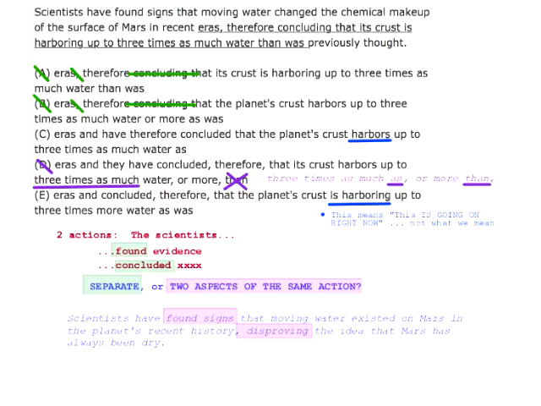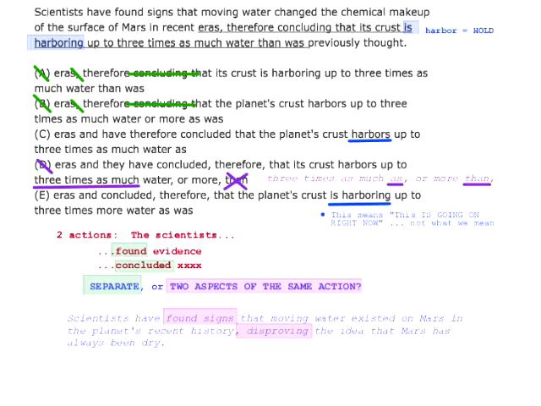What does harbor mean? Yeah, it's like it has a capacity of that much, or like it holds, right? You could say it holds, right? So harbor is to hold it.